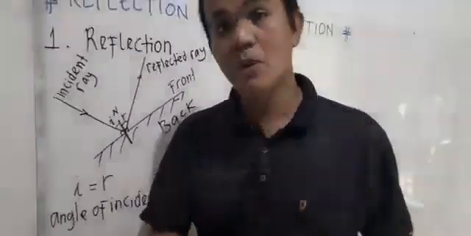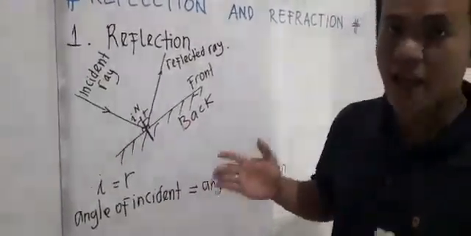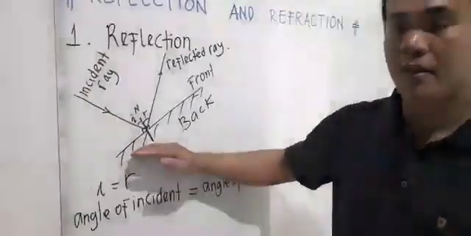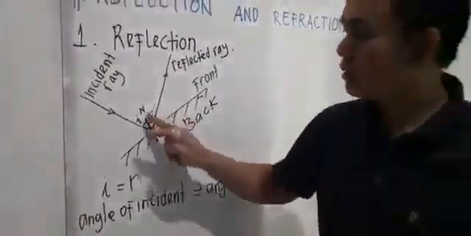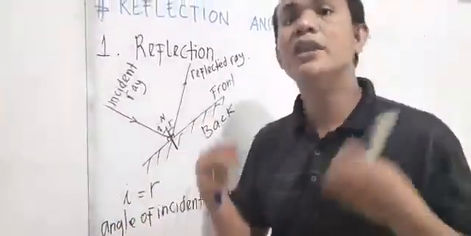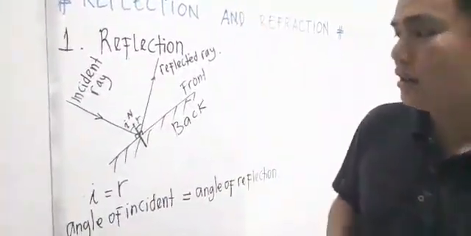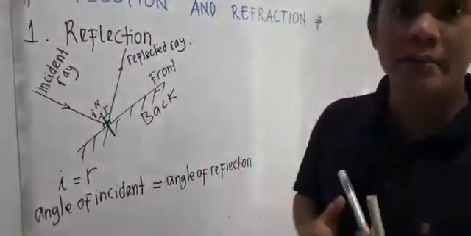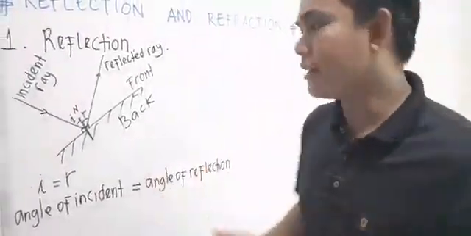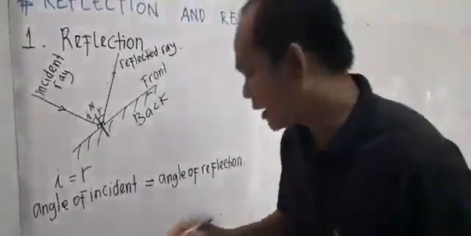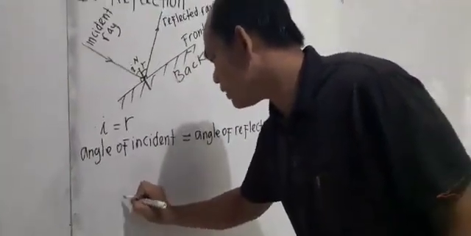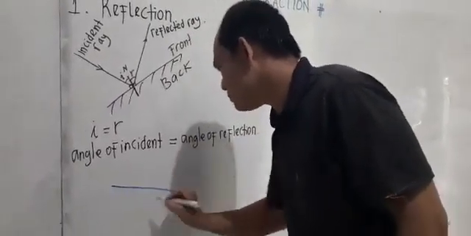Most of the students that I have taught before have difficulty making the normal line based on different surface areas. So let's see examples of the normal line for each surface. The first case is if the surface is like this, for example.